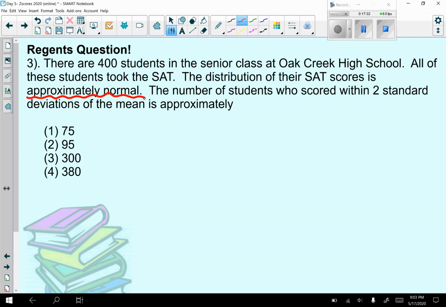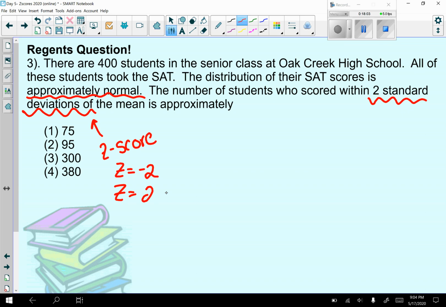So I don't have a mean and I don't have a standard deviation. When you don't have a mean or a standard deviation, we're going to use z-scores because 2 standard deviations is your z-score. Remember that z-score measures the number of standard deviations away you are from the mean. So that means I have z equals negative 2 and z equals positive 2.